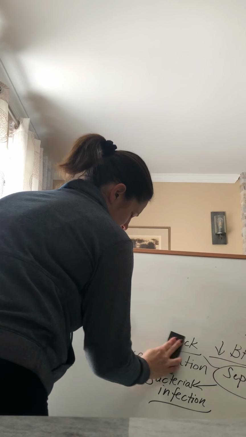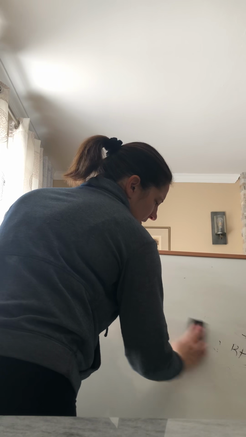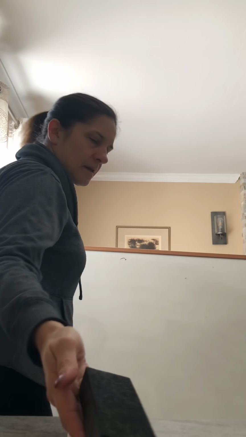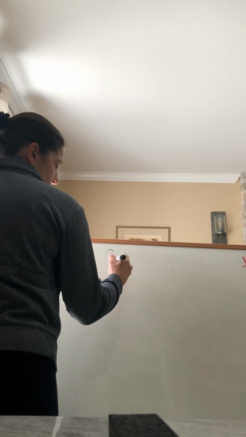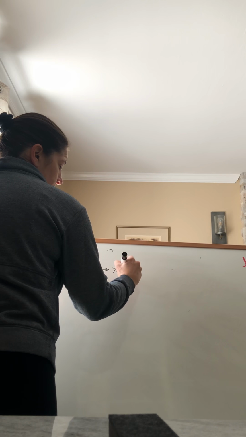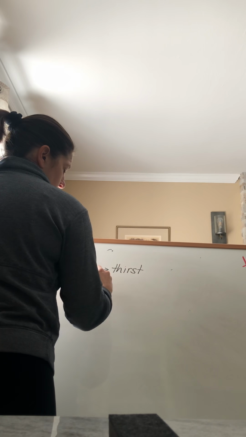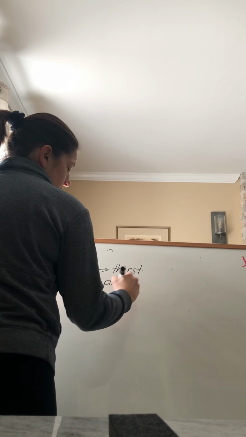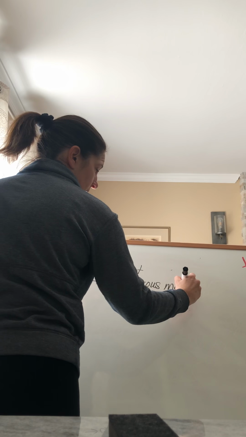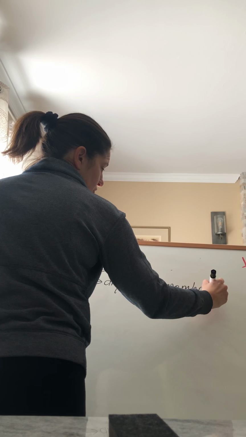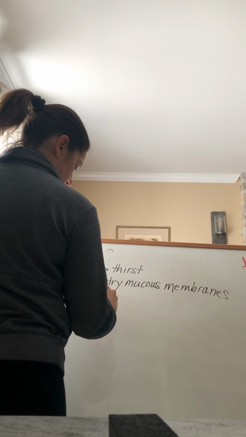Some of the signs and symptoms that someone is in shock or entering shock, for example if someone's in hypovolemic shock, would be thirst, dry mucous membranes, and a drop off in urine output.